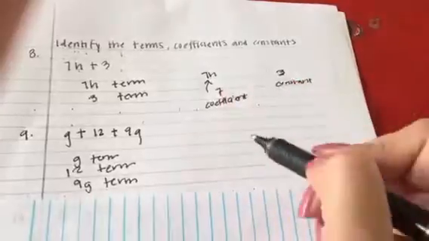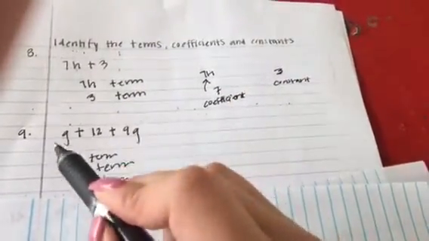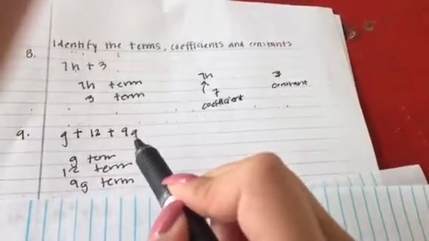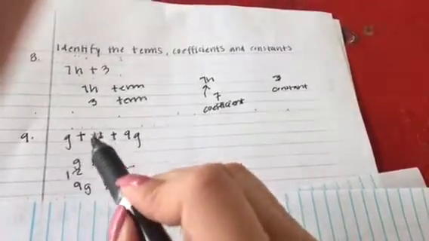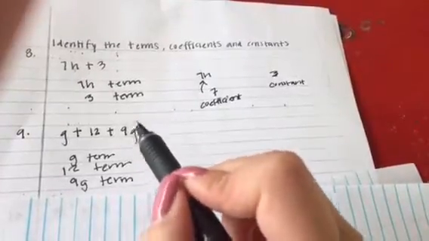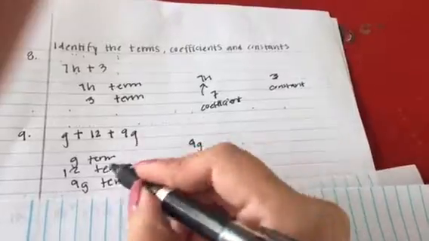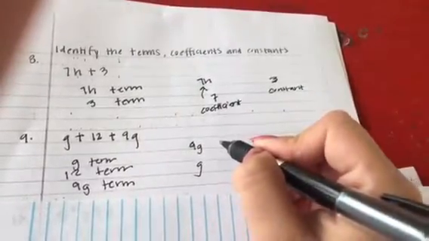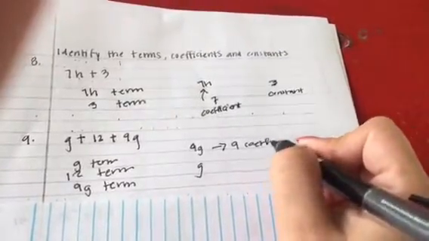Now coefficients. Well, I see two terms that have a variable: 9G and G. The 12 doesn't have a variable, so we can't consider it part of a coefficient. The coefficient for 9G would be 9. 9 is a coefficient.